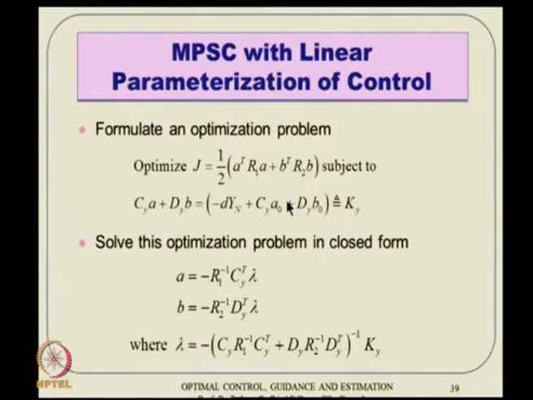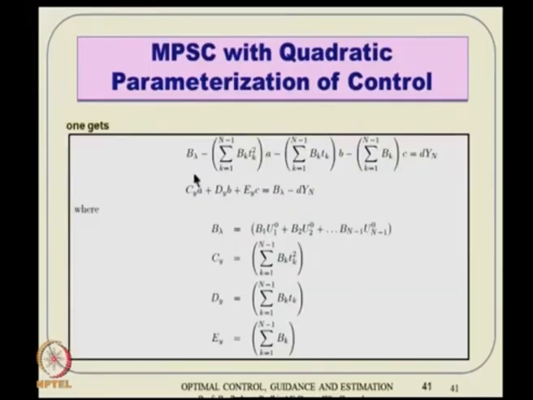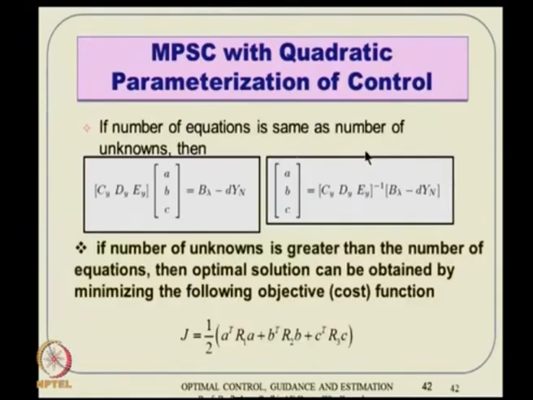Then we can formulate a parameter optimization problem in the framework of static and dynamic variables, and get quick solutions from that side. The same idea can be done for quadratic problems also. Okay, there are errors in A, B, C, and then you can come up with this constraint equation. Now the question is, if it is a square equation, that means you have something like 3 constraints and 3 variables, then you can directly solve it.